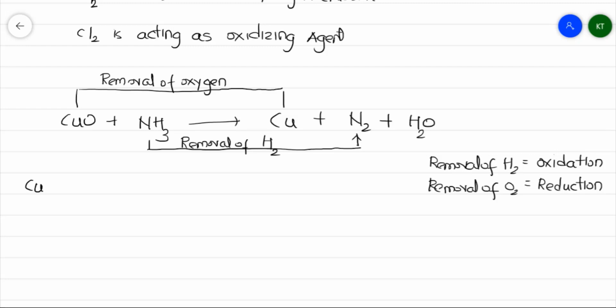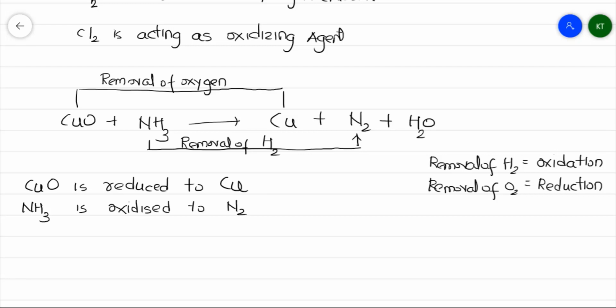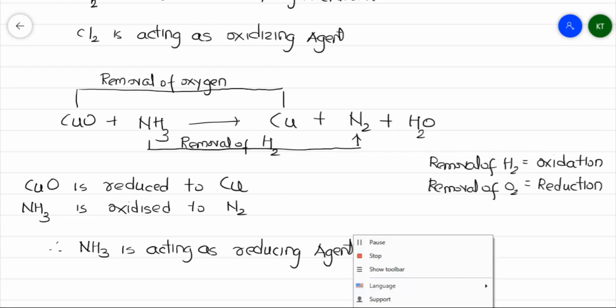So I say here copper oxide is reduced to metallic copper and ammonia is oxidized to nitrogen. Therefore, ammonia is acting as a reducing agent. Thank you for watching.